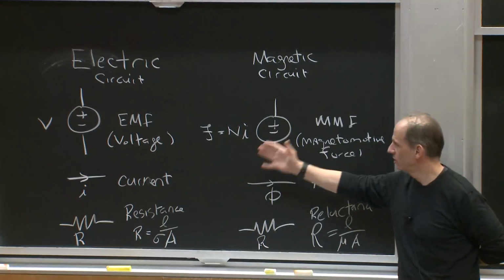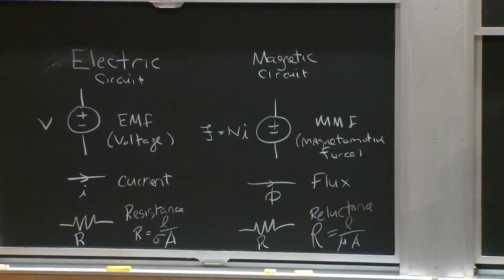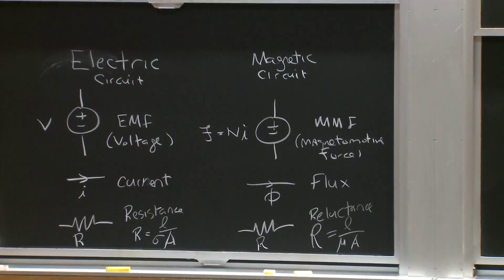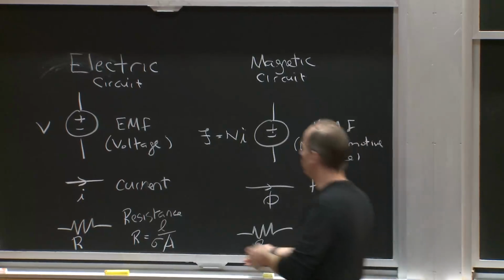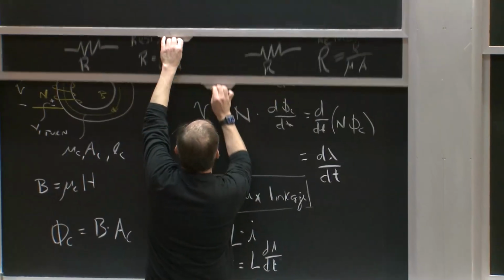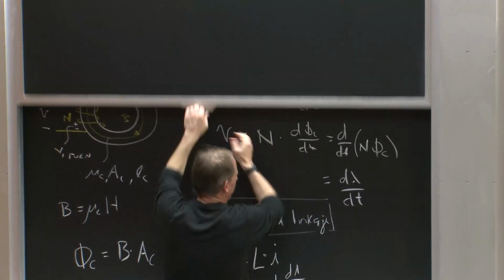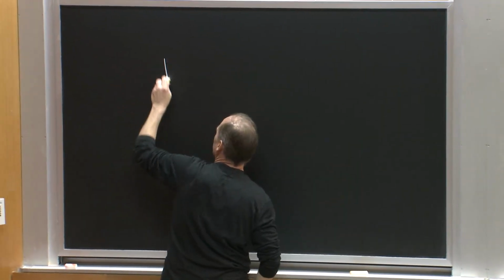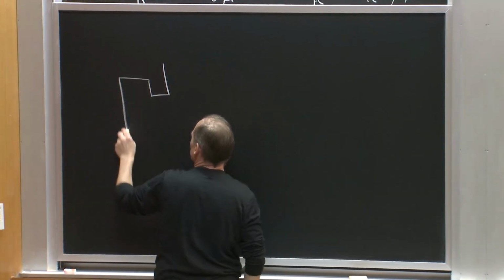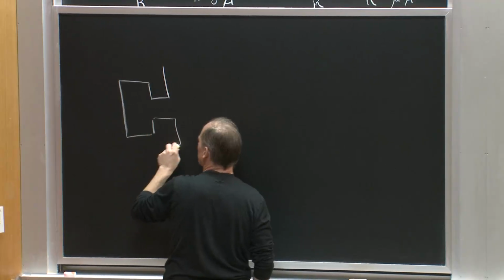And so this equivalent circuit model is very useful for very quickly making all the calculations that we'd otherwise have to start applying Maxwell's equations to do. Okay, so for example, let's take a core structure like this, and this would be called a C core, where I put a gap in the core.